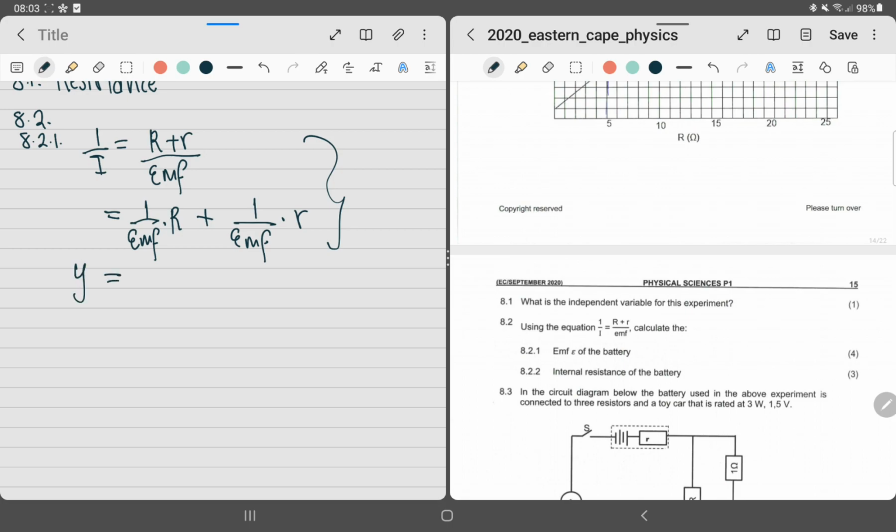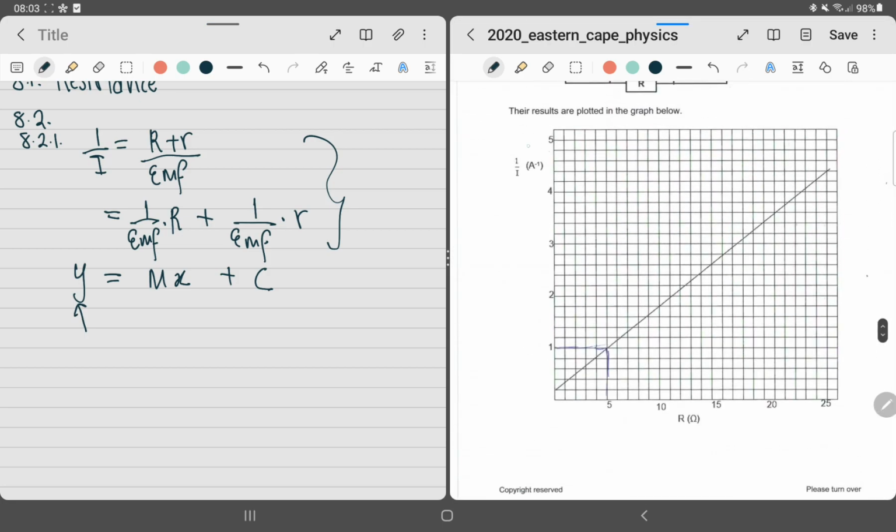Now we have y equals mx plus c. The inverse of the current, 1 over I, is on the y-axis. The gradient should be the inverse of the EMF. What you have on your x-axis is the resistance. And the y-intercept should be the inverse of the EMF multiplied by the internal resistance.